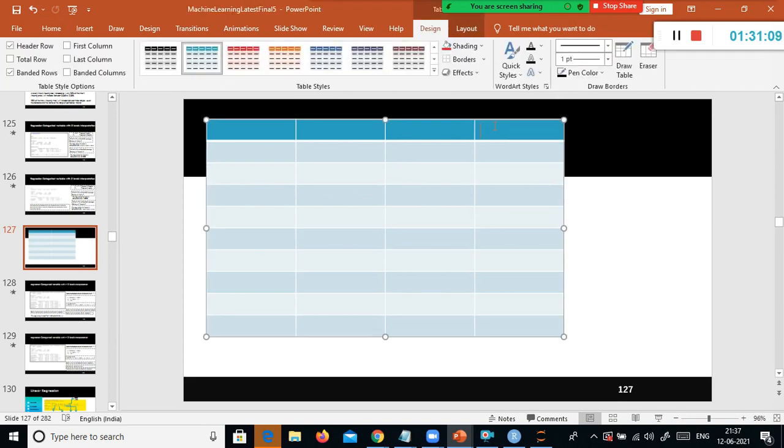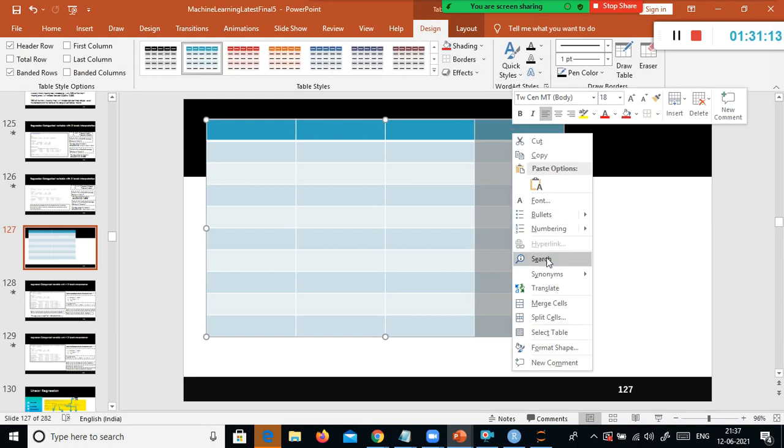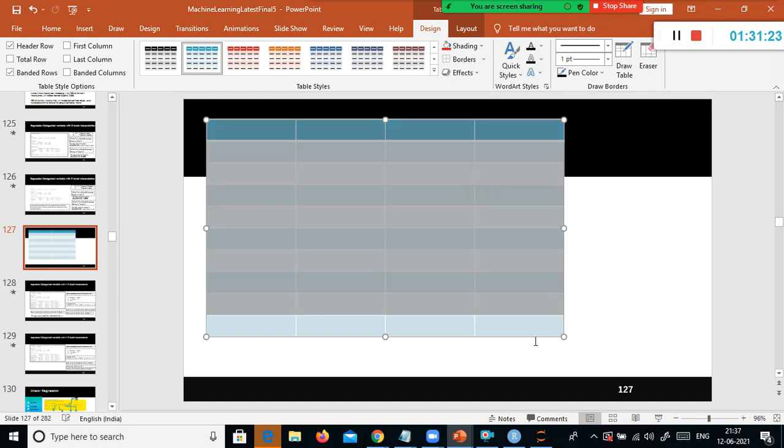And I will put one more column here so that it will be neat. How do I add a column here? One second, let me do. I think I have to select everything.